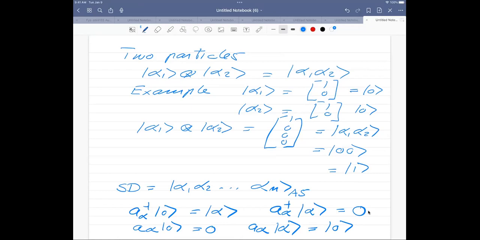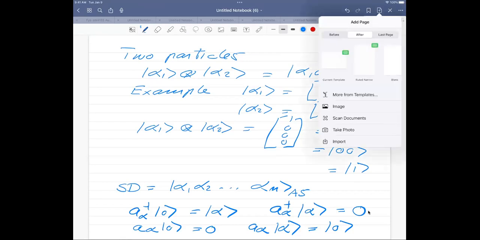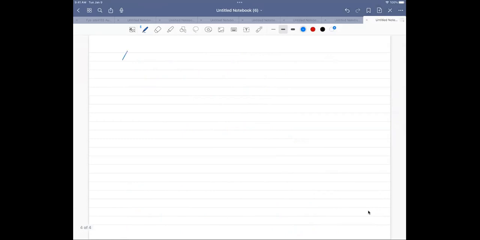So this is going to give us a compact notation. If we now look at a specific state, like an example of this alpha 1, alpha 2, the way we are going to order that one is that we have a-dagger alpha 1 and a-dagger alpha 2 acting on the vacuum state.